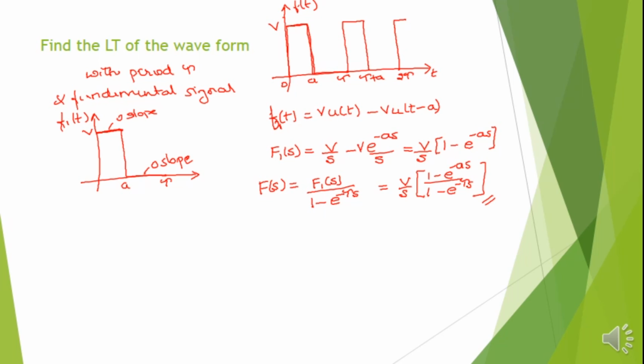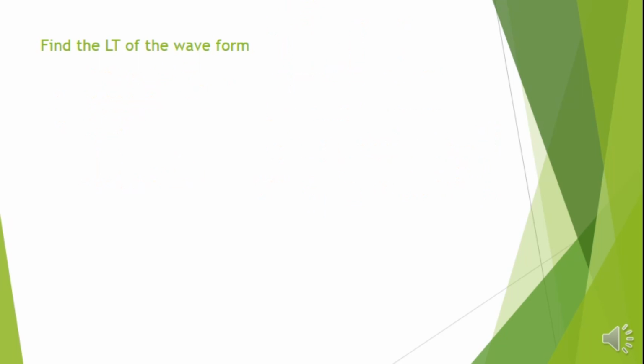Now, next, find the Laplace transform of the waveform. Now here it is not a straight line. It is a sinusoidal waveform up to tau by 2.